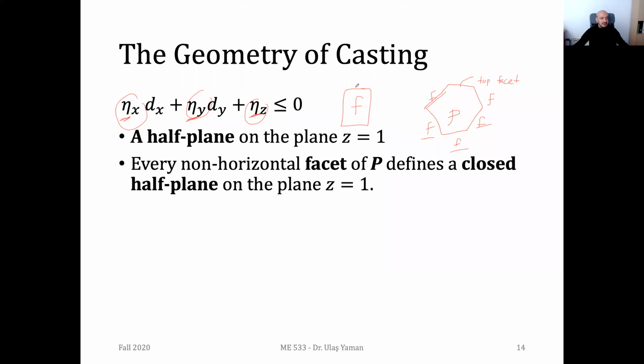Any comments, questions, guys? Hocam, what is the difference between facet and face? I don't understand that. The same, the face is the larger one, the facet is just one portion of this polyhedron. I don't know whether you can see this one.